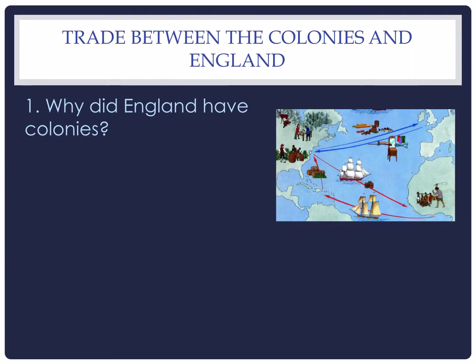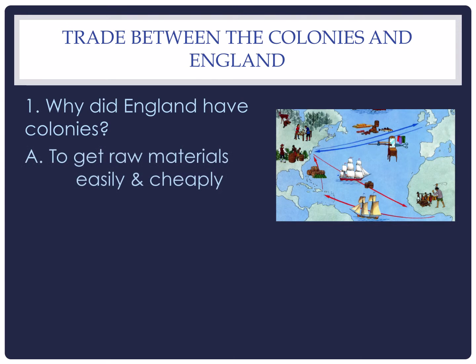So first off, why did England bother having colonies? For one, the goal of a colony is to make money. So how do you make money off colonies? Well, really two main ways. One is that you can get raw materials easily and cheaply. So products that would be available in the colonies but not necessarily in England.